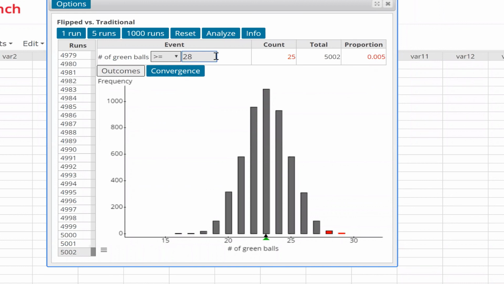Remember, the lower the p-value is, the stronger the evidence against the statement in the null. Our null is that the pass rates of the two courses are the same.